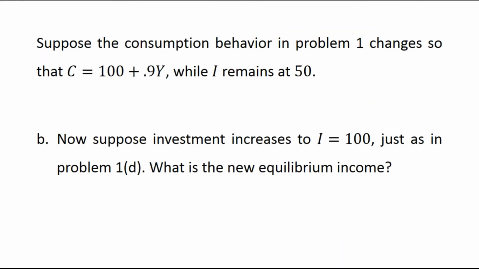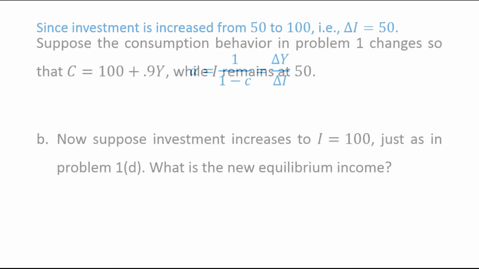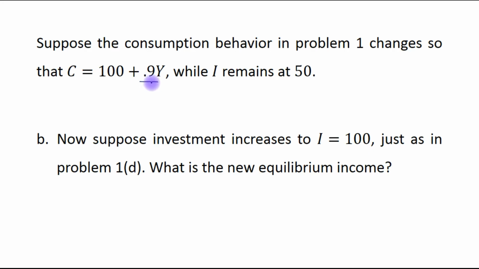Second part. Now suppose investment increases to I equals 100, just as in problem 1d. What is the new equilibrium income? Since investment is increased from 50 to 100, that is, change in investment equals 50. We know that the value of the multiplier is 1 upon 1 minus MPC, which is equal to change in y upon change in investment. The value of MPC can be found from the consumption function, which is 0.9.